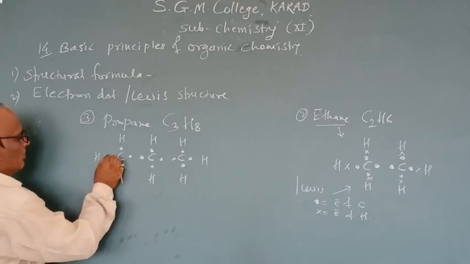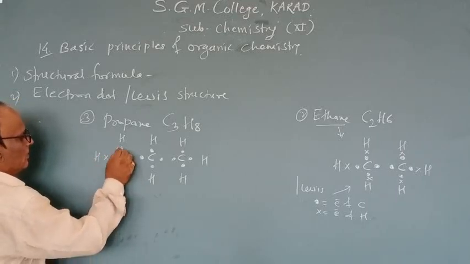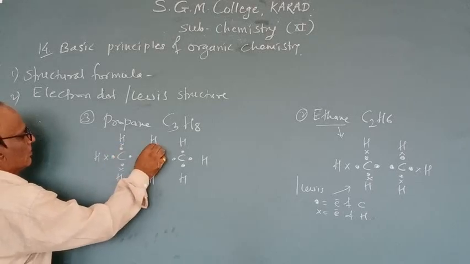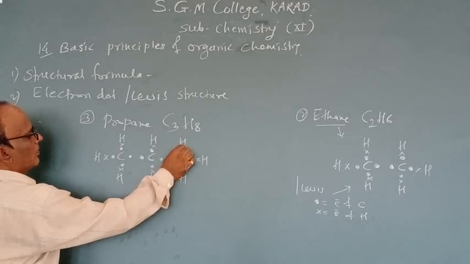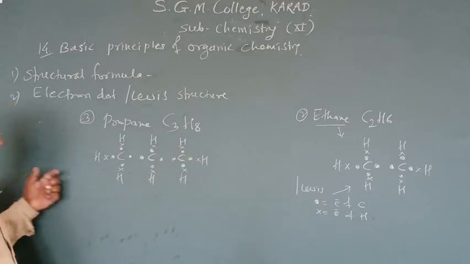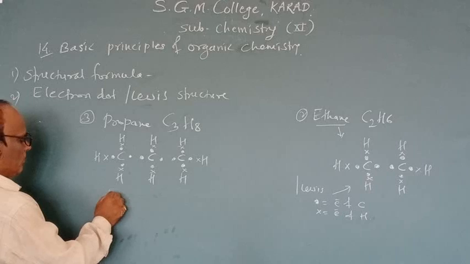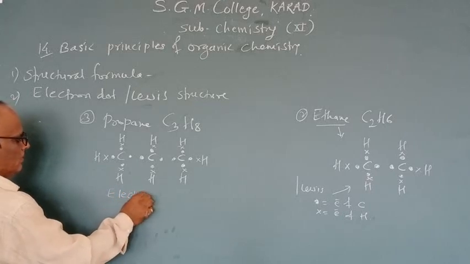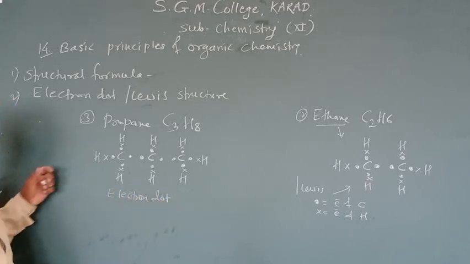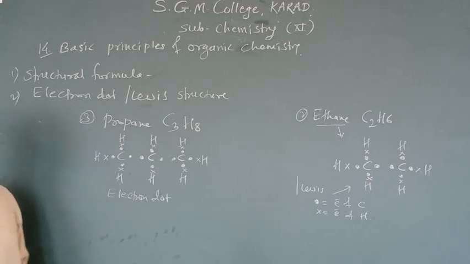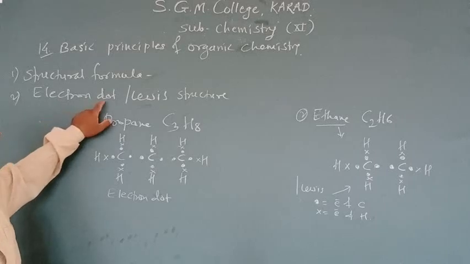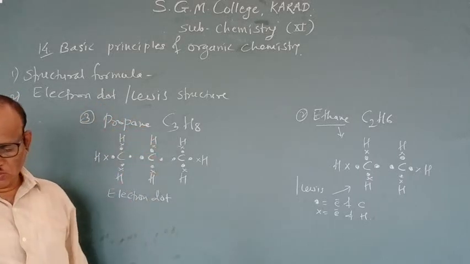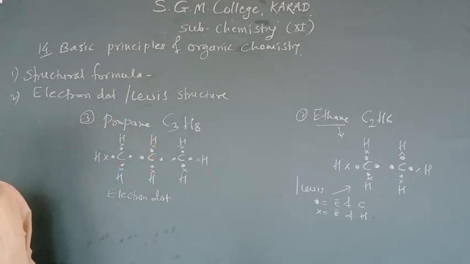Then write the electrons of hydrogen by a cross. This cross represents electrons of hydrogen atoms. So this is the electron dot structure for the propane molecule. In this way we can represent the electron dot structure, also called the Lewis structure.